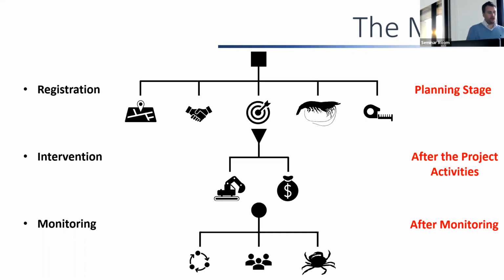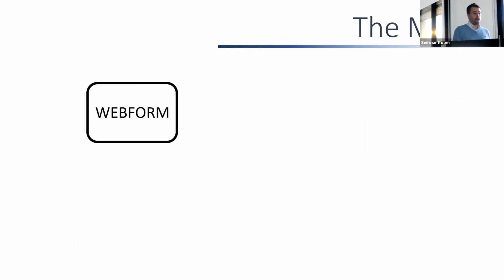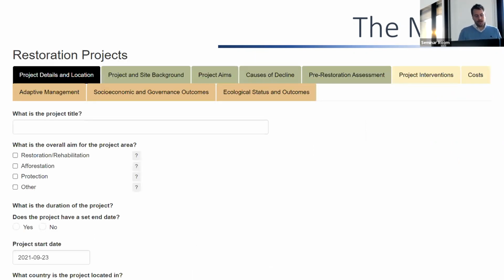So I'm just going to run through how this fits all together. Initially, there's a simple web form for capturing this data. And as I said, it's a bunch of predefined sections with predefined questions. So for example, we just asked, what's the overall aim of the project? Are you trying to restore or rehabilitate an area? Are we trying to reforest it, or are we trying to protect it?